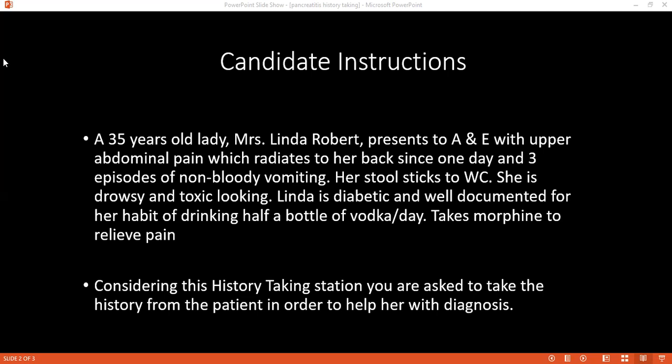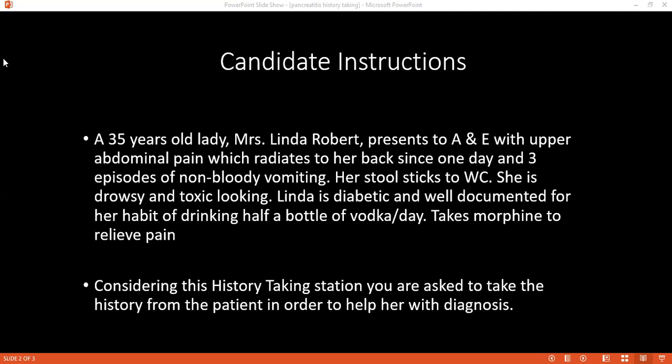She is an alcohol drinker. It's about 8 out of 10 in severity. Associated with vomiting, with no history suggestive of cholecystitis or peptic ulcer disease, with no hematemesis, with no change of bowel habits or skin changes, referred to the right shoulder.